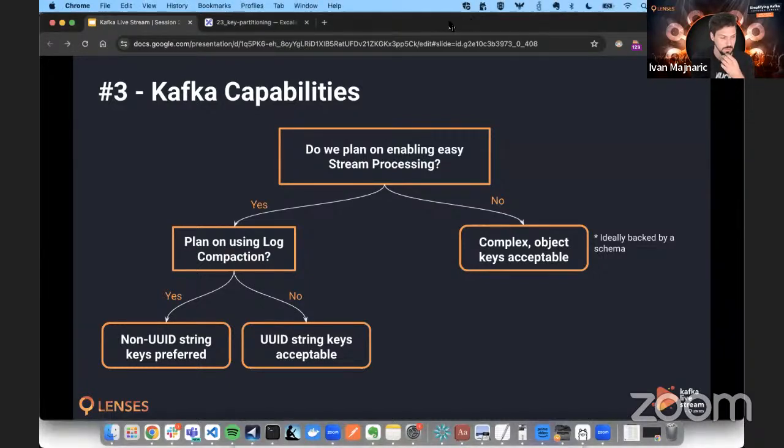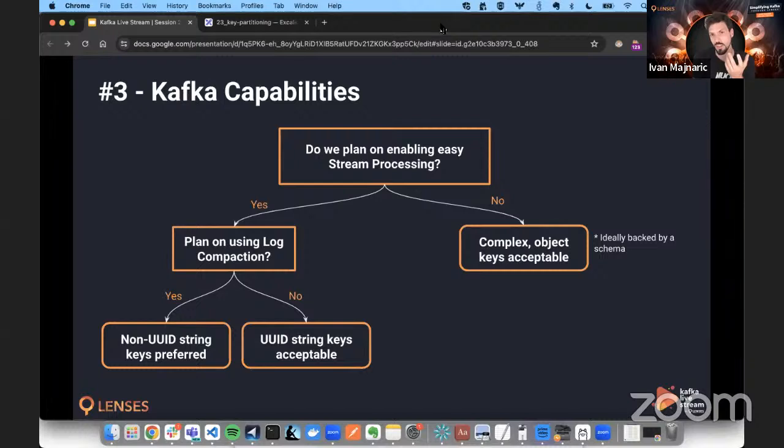So at some point you'll also have to start vertically scaling your cluster. You're not going to achieve anything if you really need log compaction and you're using UUIDs. Every single message is going to have a new key, and you basically don't want that if you are using log compaction.